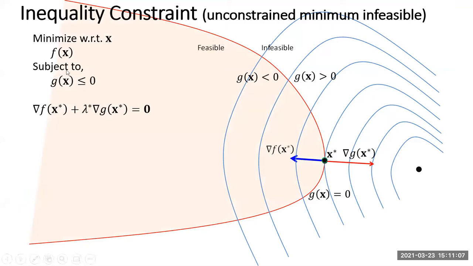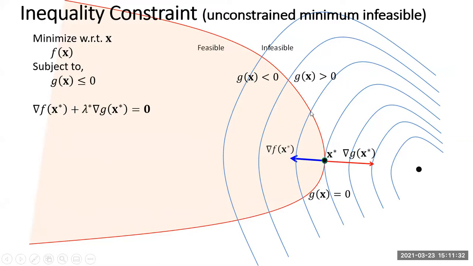Now g of x is less than or equal to 0. So this orange shaded region is my entire feasible region now. This is g of x less than 0, everywhere here is feasible, and this is g of x greater than 0.